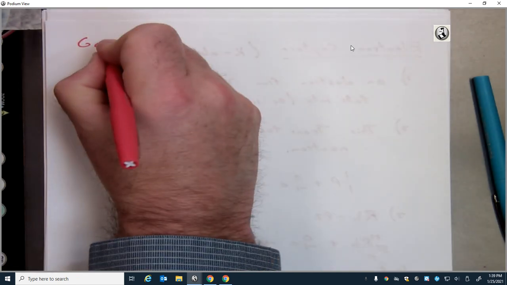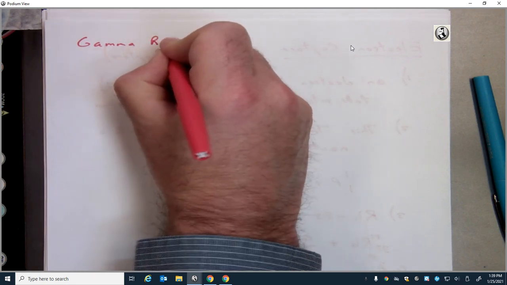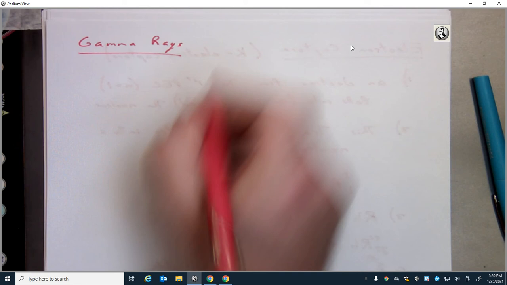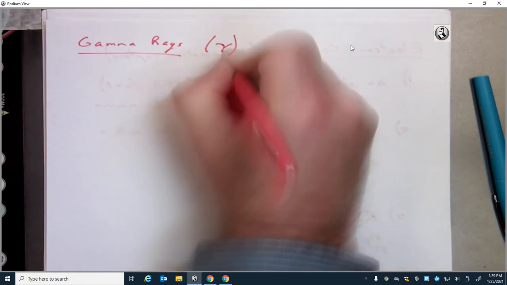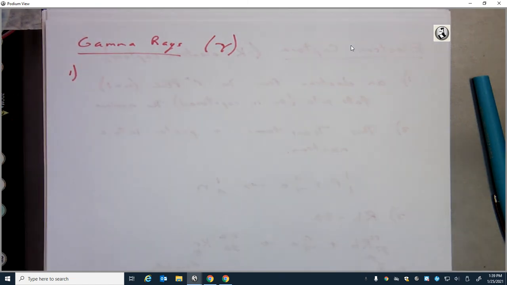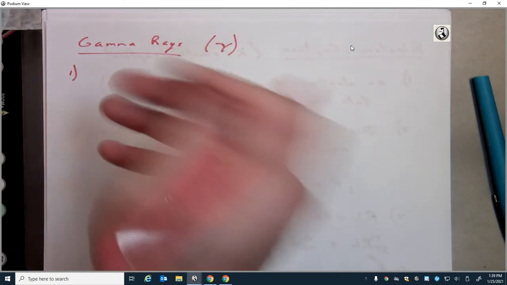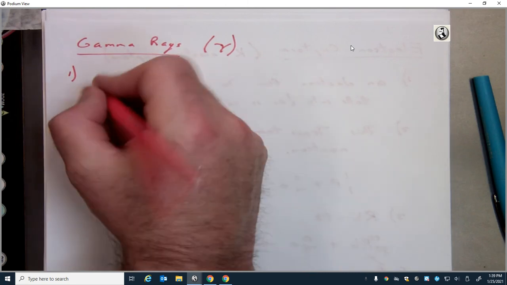All right. Finally, the last one we're going to talk about is gamma ray production, and it's that Greek letter gamma. This happens right along with many of the other radioactive decay modes.